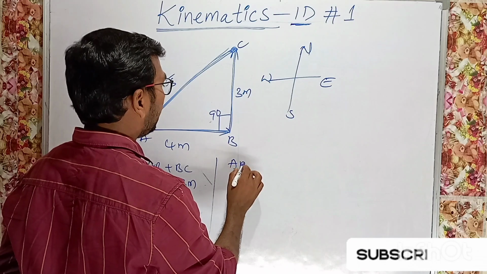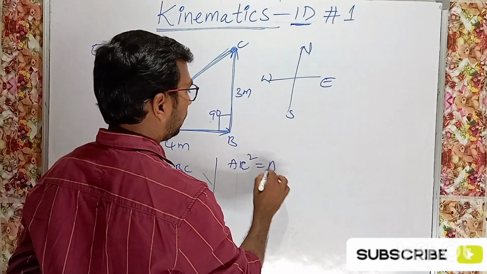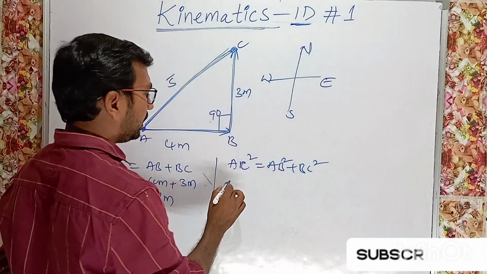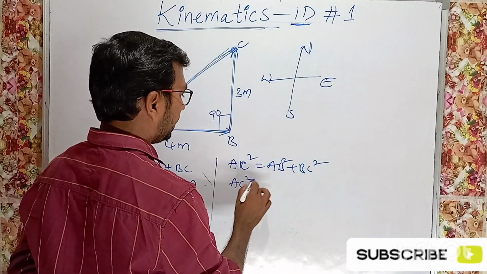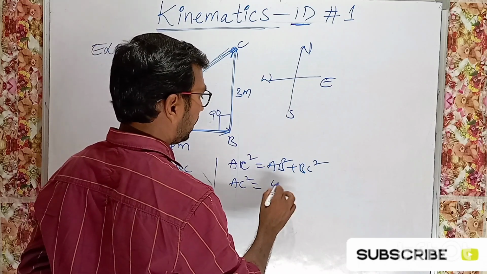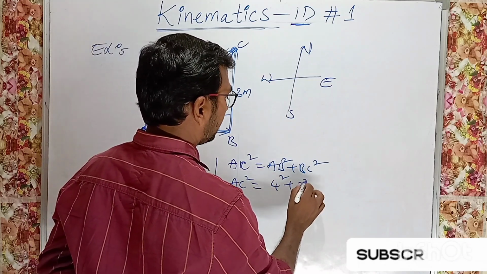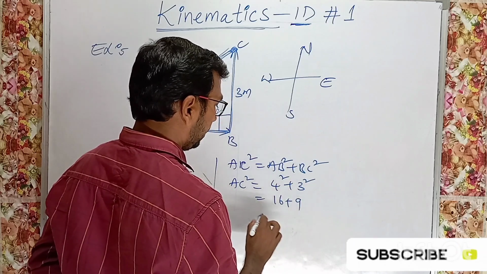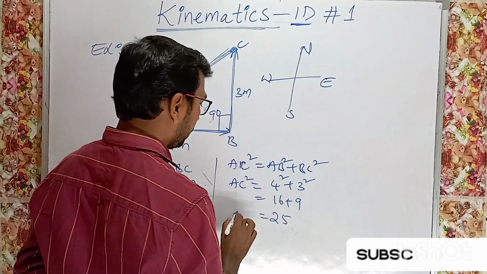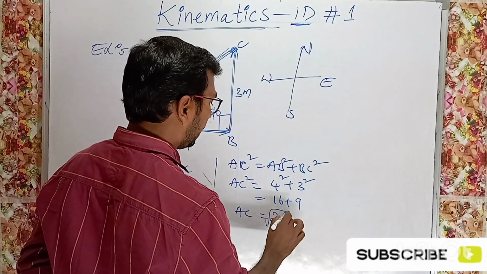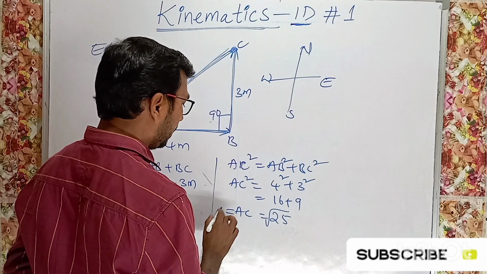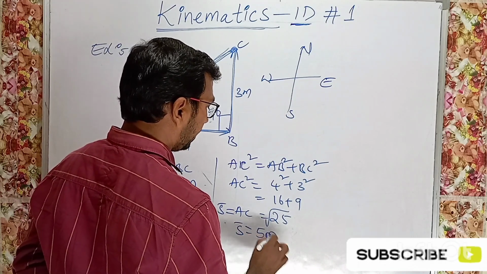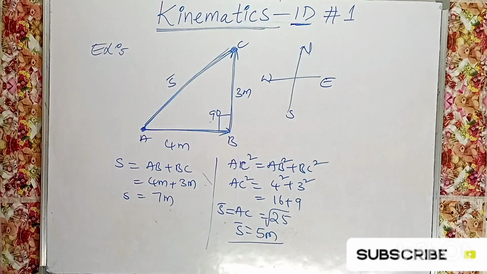Here AC square is equal to AB square plus BC square, which is 4 square plus 3 square. 4 square is 16, 3 square is 9. So this is 25. So AC is equal to root 25. Here AC is the displacement. So displacement is 5 meters.